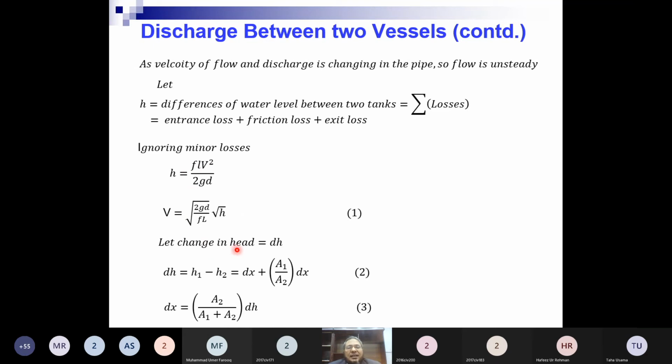Let's say change in head is dh. तो dh किसके बराबर हुआ, h1 minus h2. तो वो क्या इसके बराबर आता है, dx plus area 1 over area 2 into dx. Is it clear this equation? Change in head h1 minus h2 किसके बराबर है, dx plus area 1 over area 2 dx.